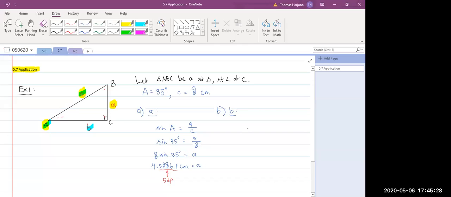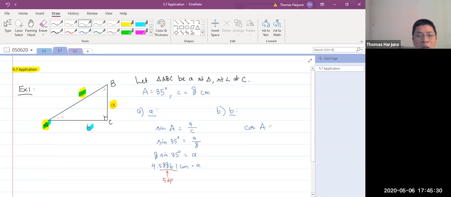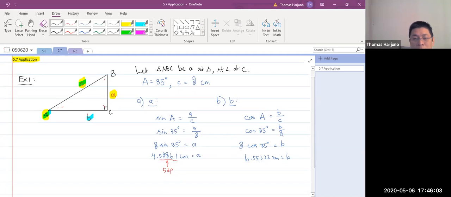Cosine, that's cosine. So cosine A equals b over c. Cosine 35 degrees equals b over 8. So b equals 8 cosine 35 degrees. 8 cosine 35 degrees, I get 6.5522 centimeters.